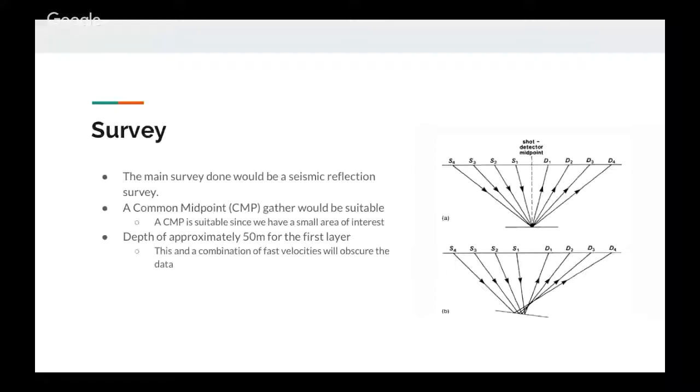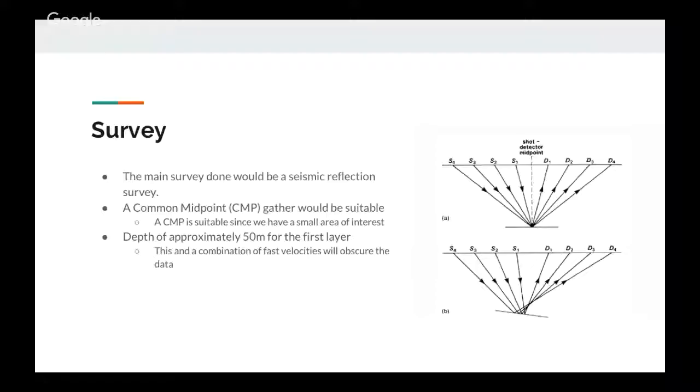So going with a seismic survey, we wanted to go, first of all, with a reflection survey, mostly because we're just interested in the depths of each layer. We're not really looking at porosity or anything. So a reflection survey would be best. And then we would also want to use a common midpoint survey, mostly because we're interested in where the stations will be primarily.